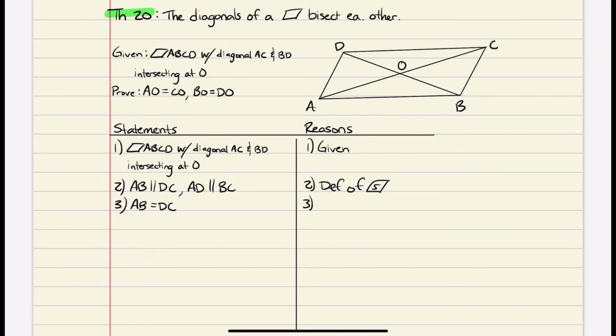We've stated so many times already that opposite sides of parallelograms are also equal. Not only are they parallel, opposite sides of parallelograms are also equal. So that is what we're going to state for our reason number 3: opposite sides of a parallelogram are equal.